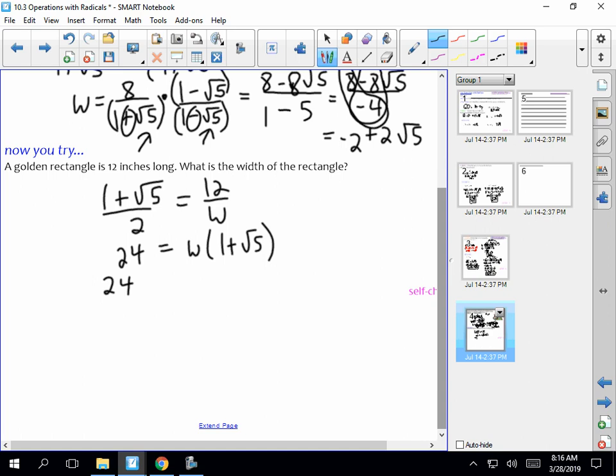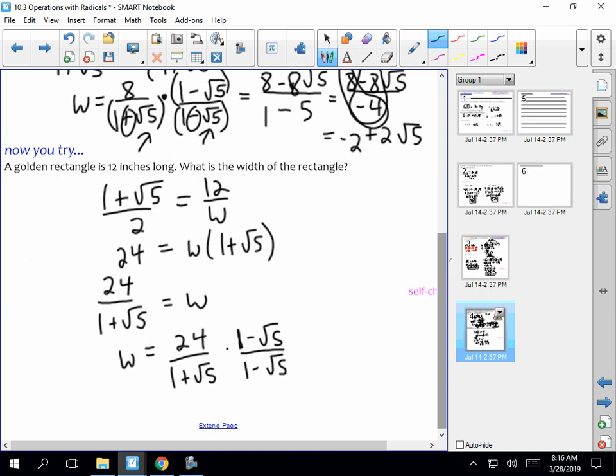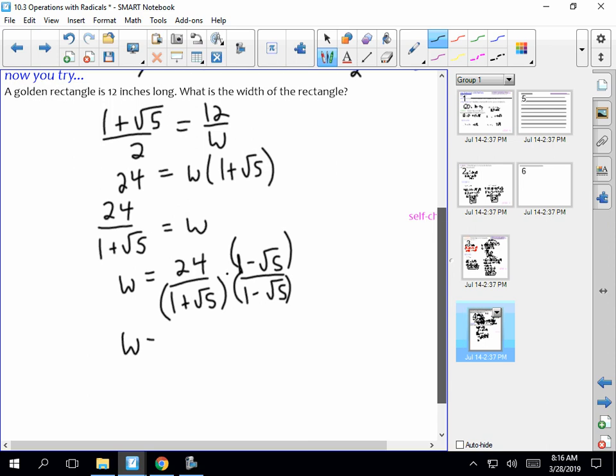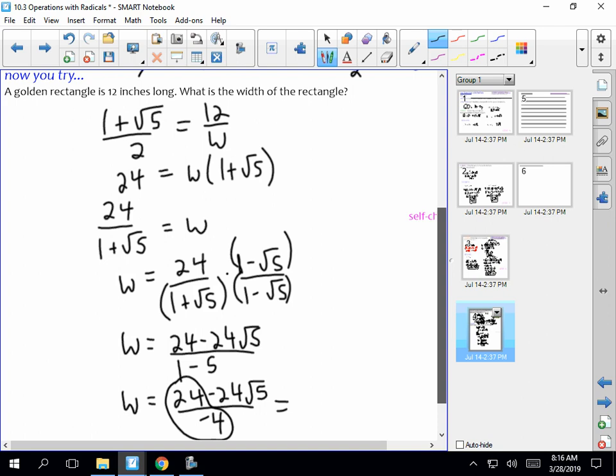And so 24 over (1 plus root 5) equals W. So W equals, I'm going to multiply top and bottom by 1 minus root 5. My answer is negative 6 plus 6 root 5.